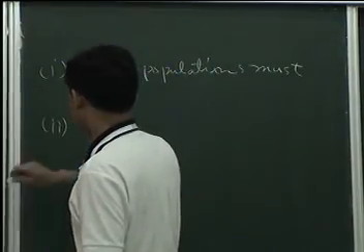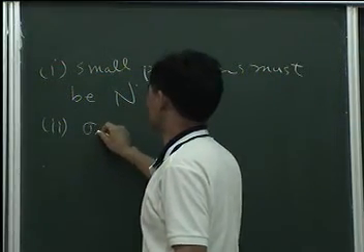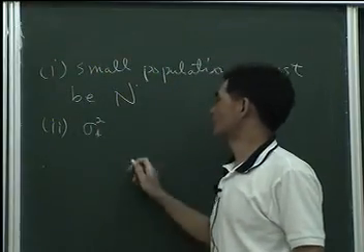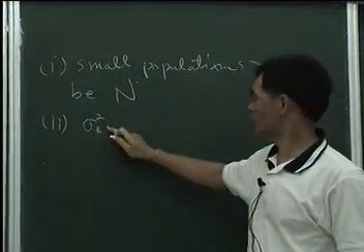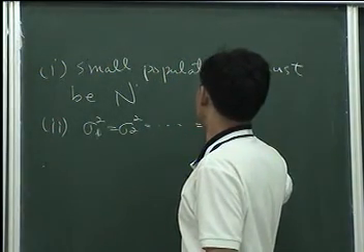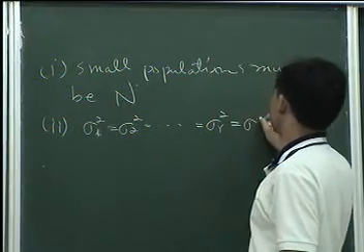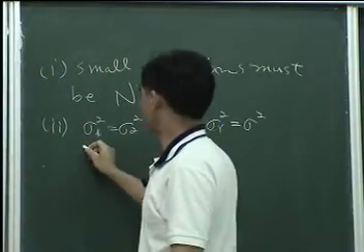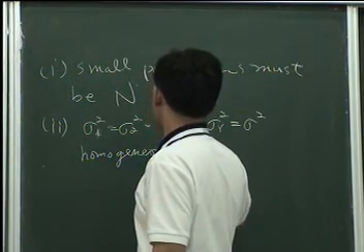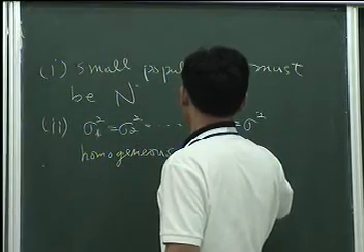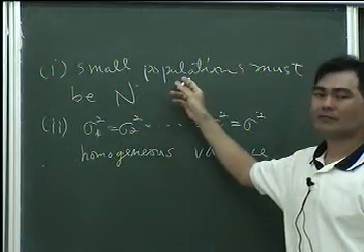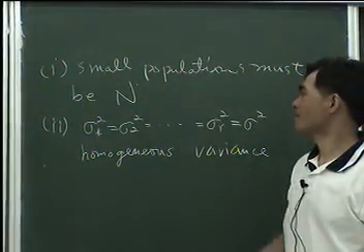The second one is that the variance of the first population must be equal to the variance of the second population, and so on for the rest. This is what we call homogeneous variance. So basically you have to have these 2 assumptions.